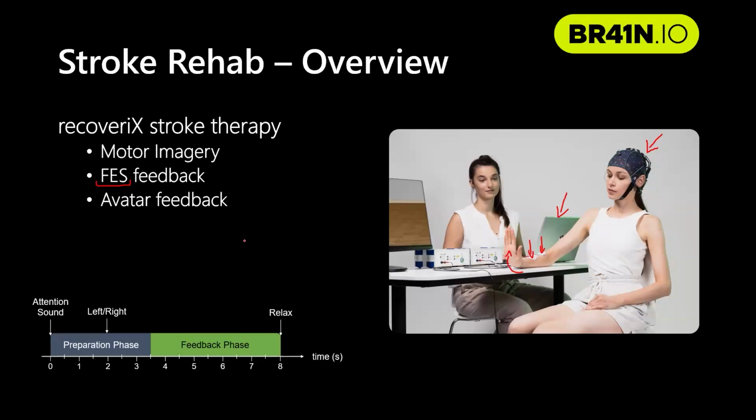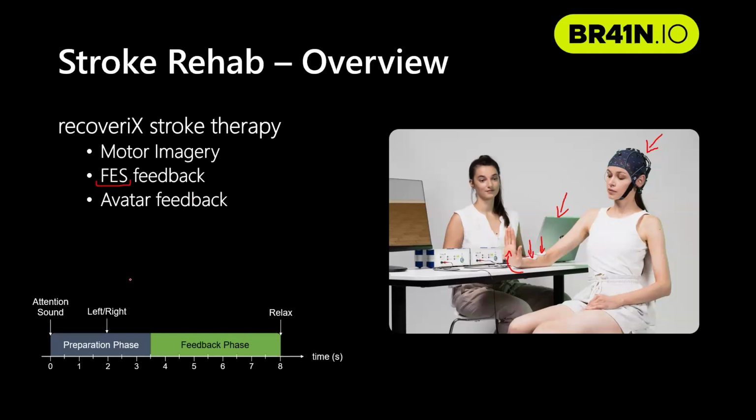So the patient is only imagining the movement, the computer detects it, and if the patient is participating properly, the patient receives FES feedback. This is muscle feedback, as well as visual feedback by an avatar.